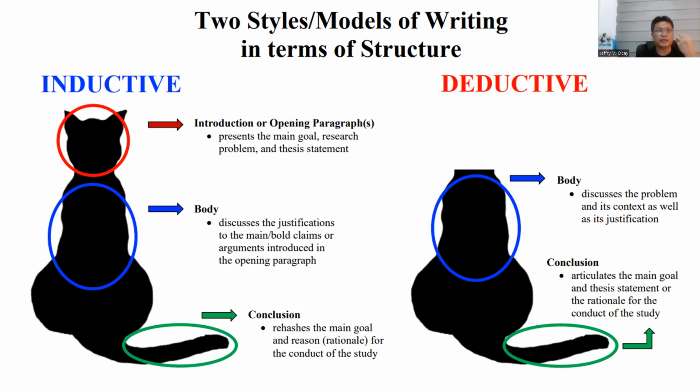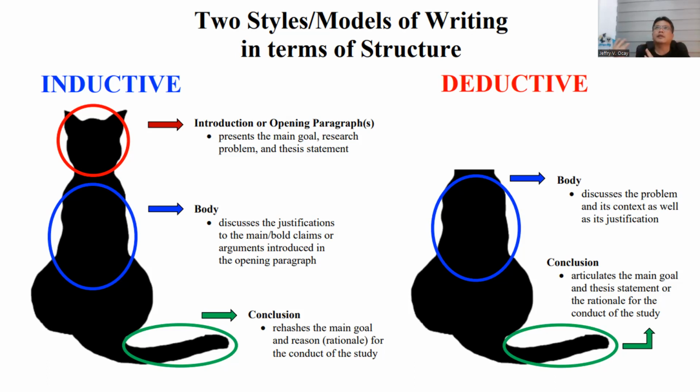After the introductory parts, I will proceed with a discussion on the justifications, proofs to my claim in the opening paragraph. And after I have presented all the proofs, all the justifications, I will close the discussion by developing the concluding parts, the tail of the cat.